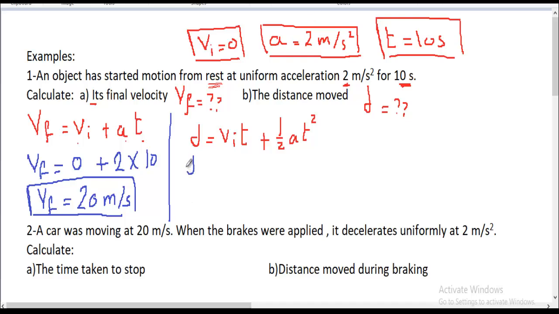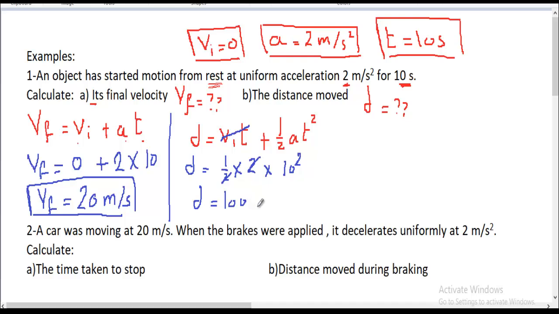So d equals, Vi equals 0, so you can cancel this side, plus half, acceleration equals 2, time is 10, but you have a square, so it is 10 squared. The 2 will be cancelled with the half, so you have 10 squared, which is 100.